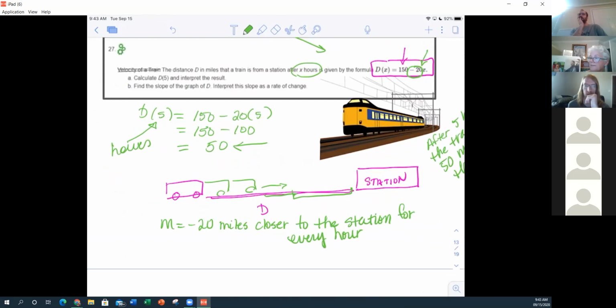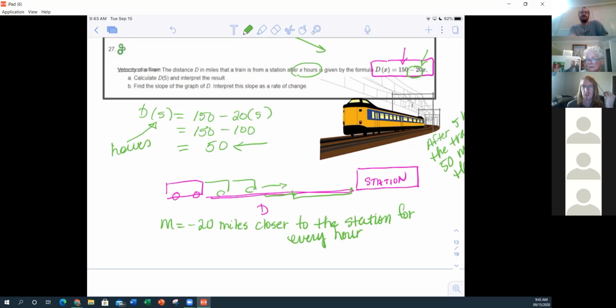So for every hour, the distance changes by negative 20 miles. It is super important that you include the negative. If you put negative 20 miles per hour, that's fine.